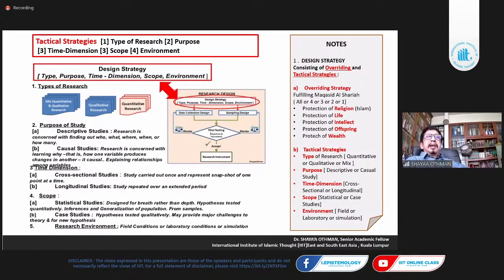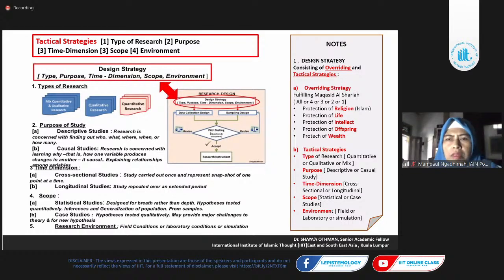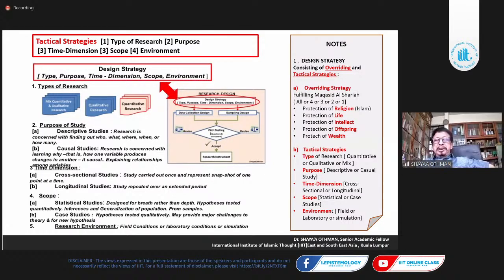Okay, thank you. The question is about strategy and tactical strategy, isn't it? When we talk of strategy, what is corporate strategy? I mean overriding strategy. Overriding strategy, in Islam, we say Maqasid al-Sharia. Maqasid Sharia is the ultimate objective of Sharia, Islam.